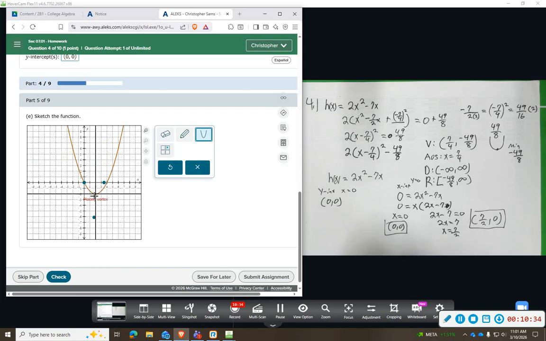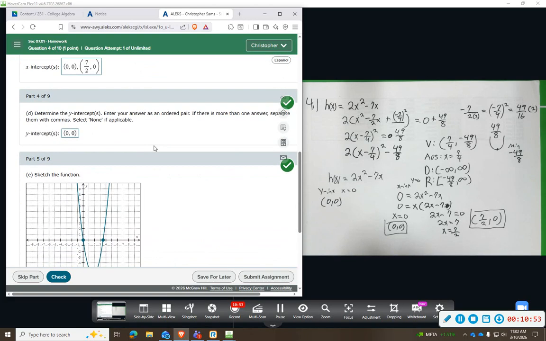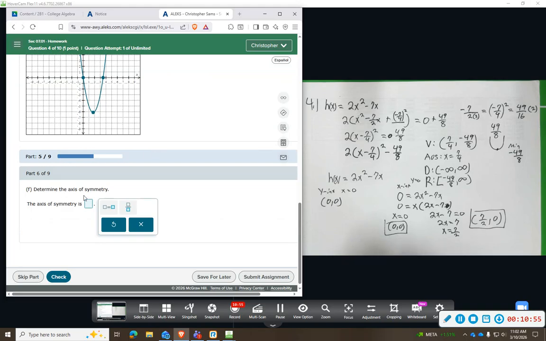We're going to put this on the vertex, and then it says choose the opening, so it opens up, and then it now says place a point. So if I go to one of the x-intercepts, it lines it up for me. Okay, now the axis of symmetry, that is x equals the x-coordinate of your vertex, which is 7 divided by 4.